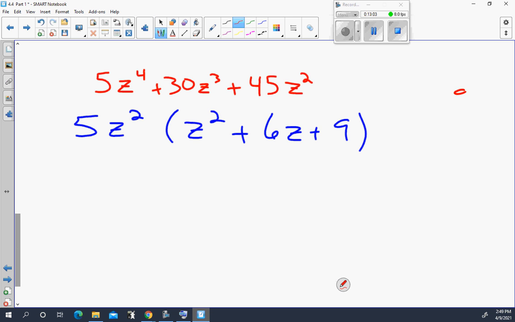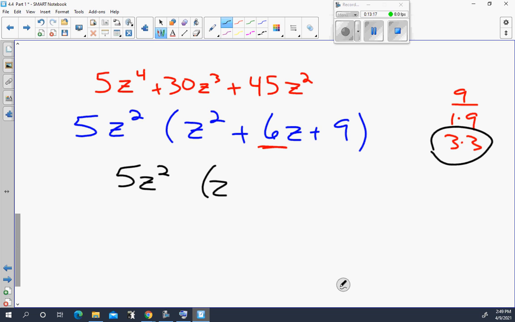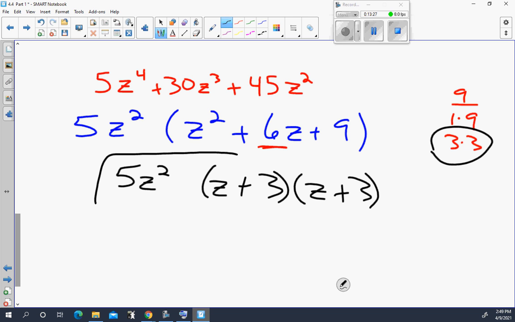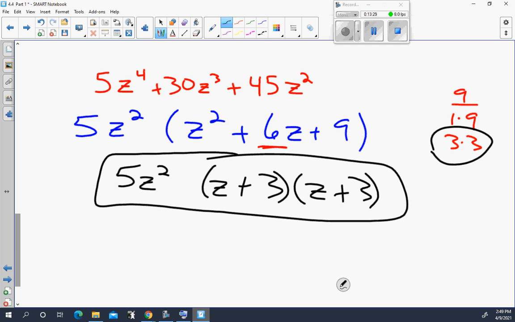Factors of 9. 1 times 9, 3 times 3. Okay, which one adds up to that middle number? It's this one. Okay? So we get 5z squared, then we get our z times z. We get 3, and they're both positive. We get our final answer.